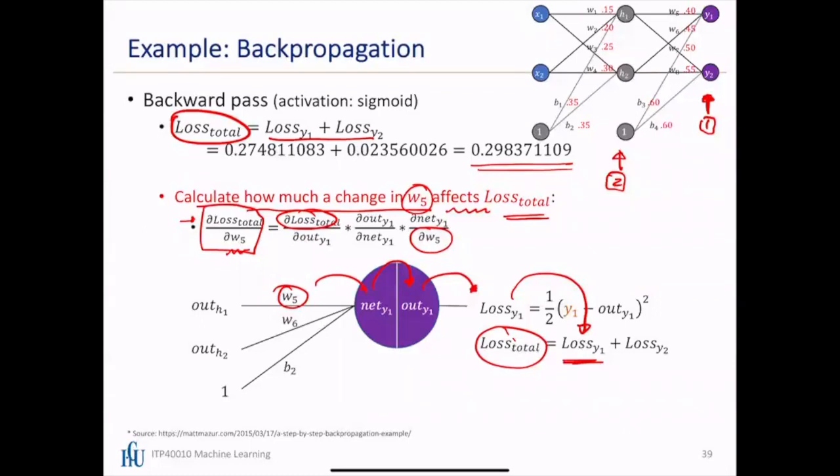So backpropagation is going backwards against this direction. We want to get the effect of W towards loss total, so we are going to calculate in this direction. The way we do it is using the chain rule of derivatives.